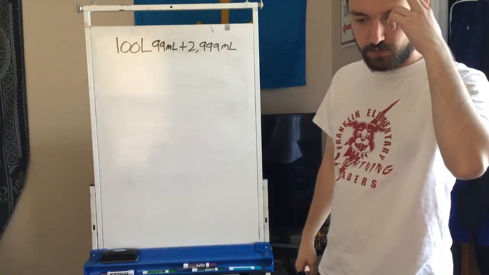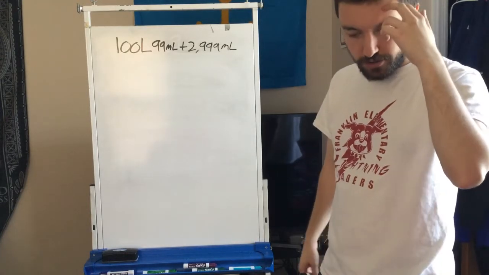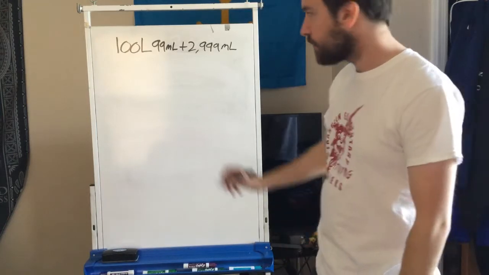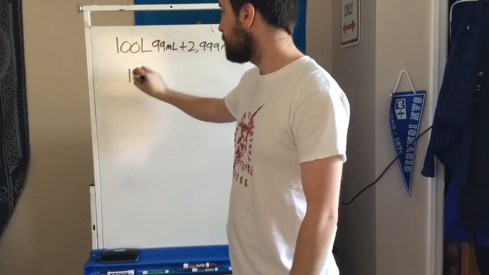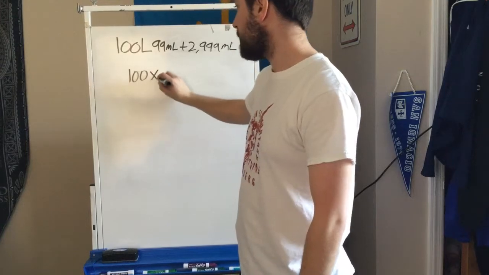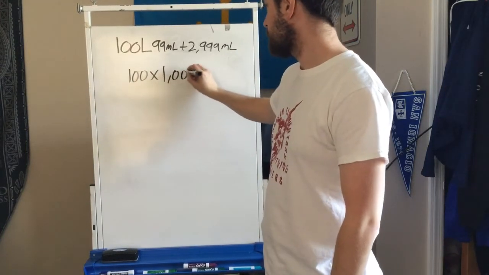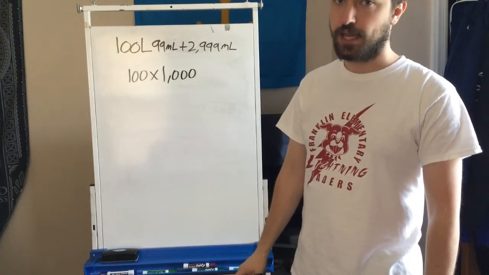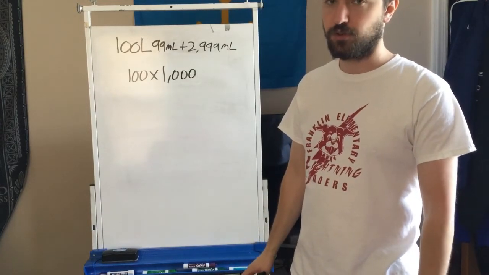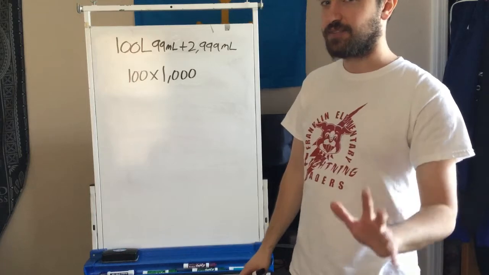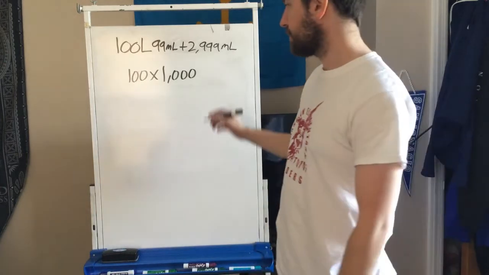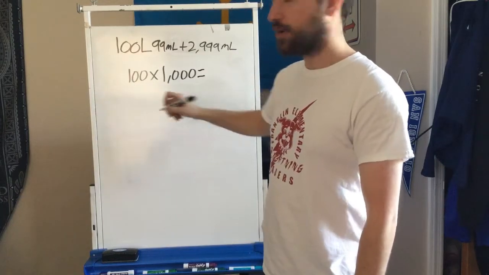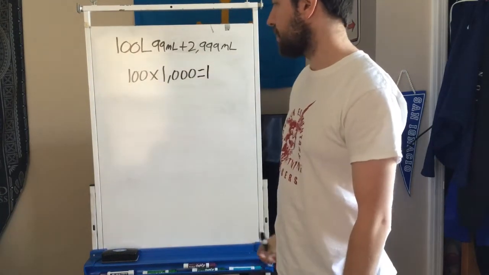Let's think. 1 liter equals 1,000 milliliters. So I have to do 100 times 1,000. Now, you might be thinking, whoa, I can't do this. We're only in 4th grade. But I've taught you what you can do. 1 times 1 is 1.